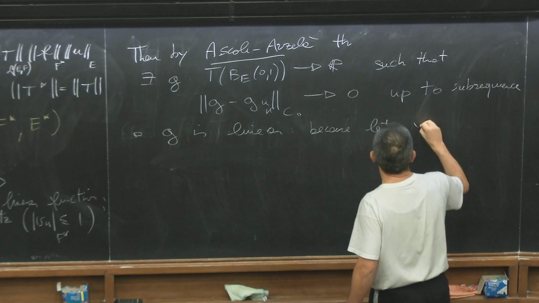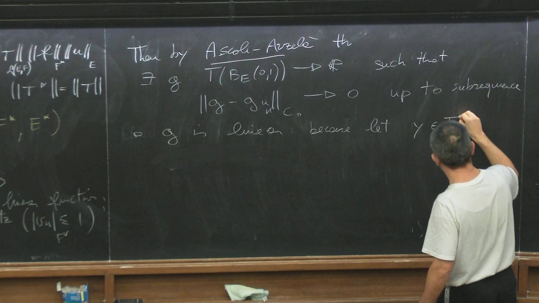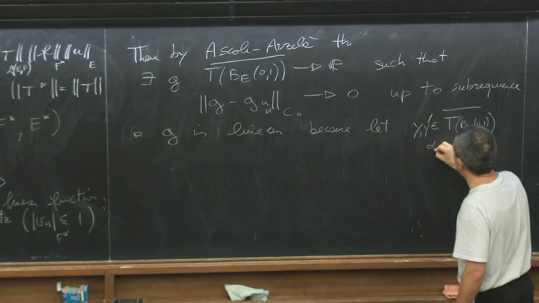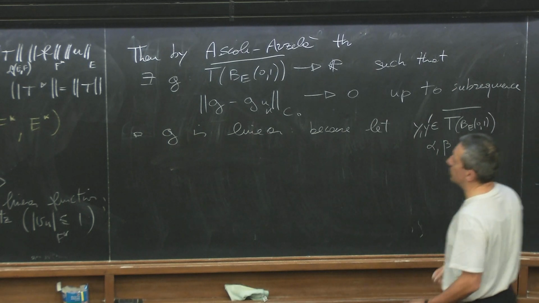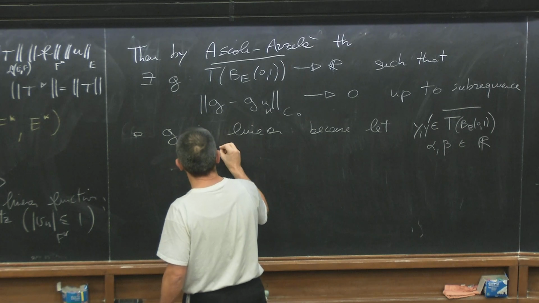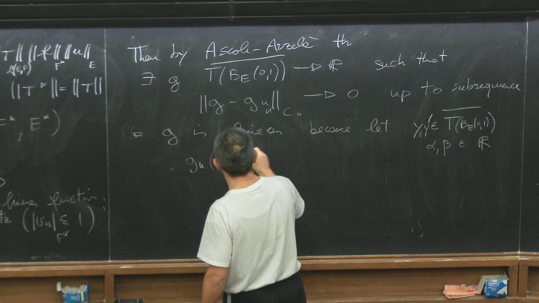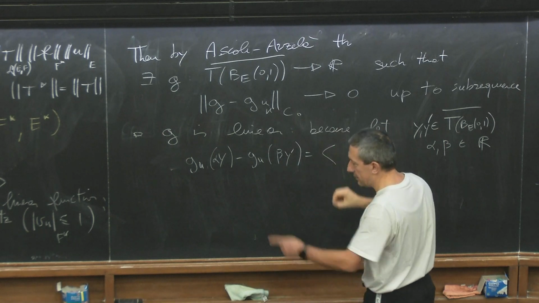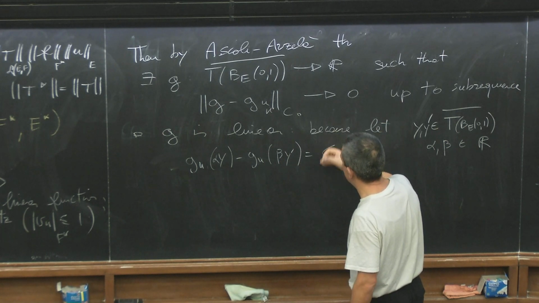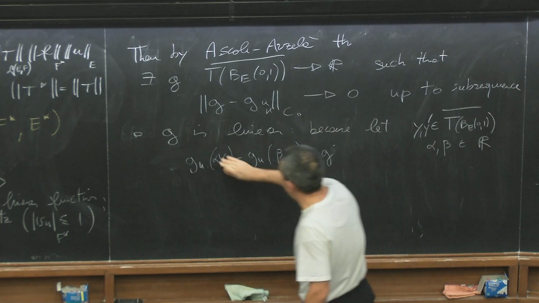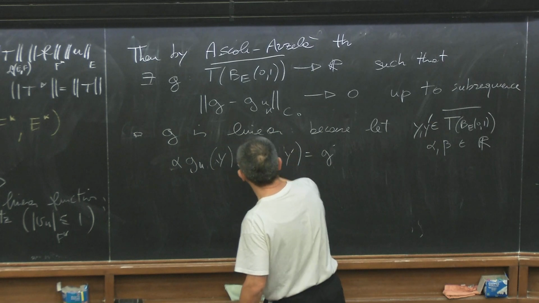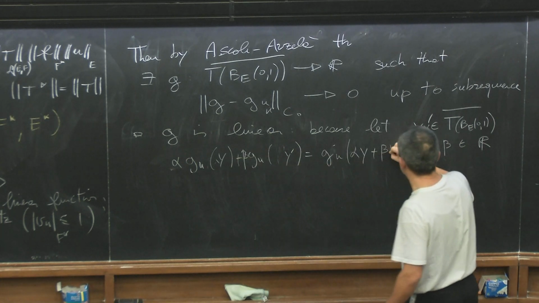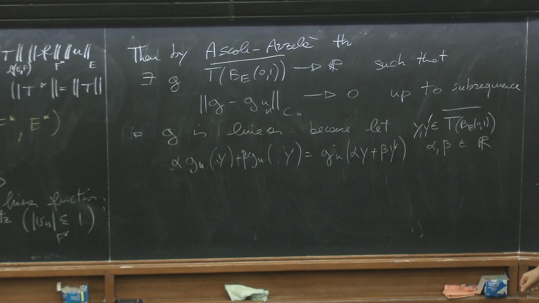Let Y belong to the closure of the ball, take another Y prime, and take alpha, beta in R. Now what we know is that for every G_n, alpha G_n(Y) plus beta G_n(Y prime) is equal by definition to G_n(alpha Y plus beta Y prime), because everything is linear.